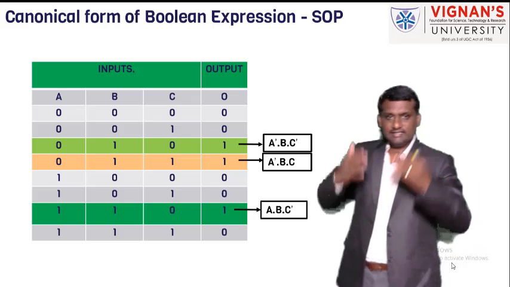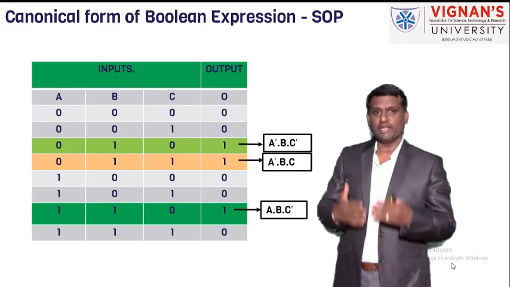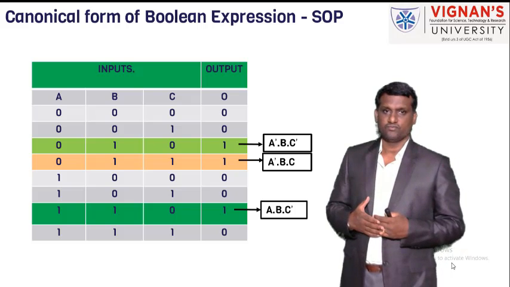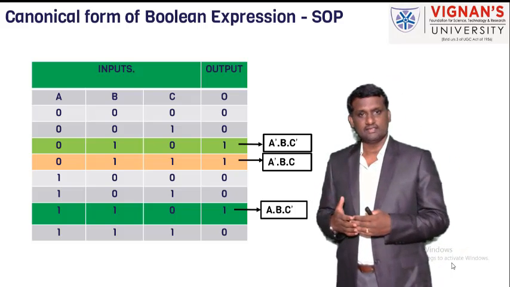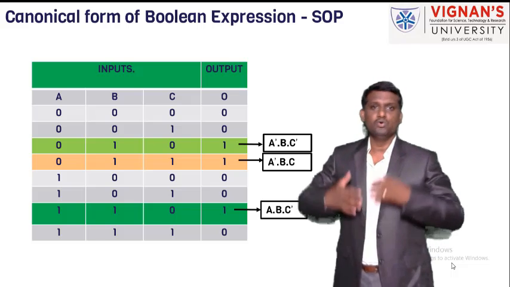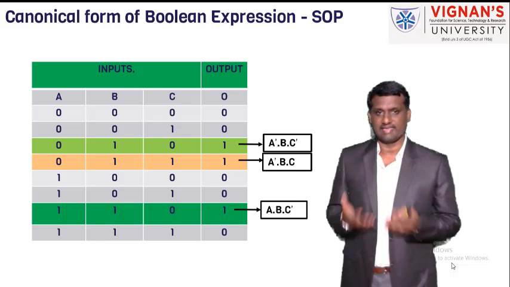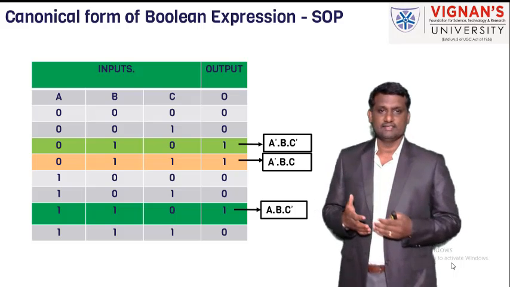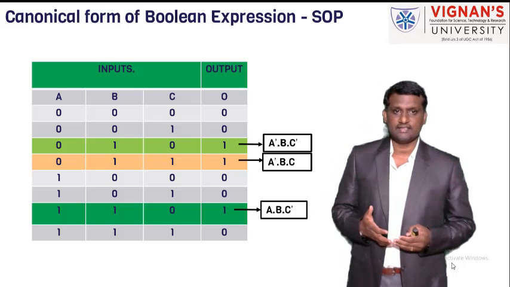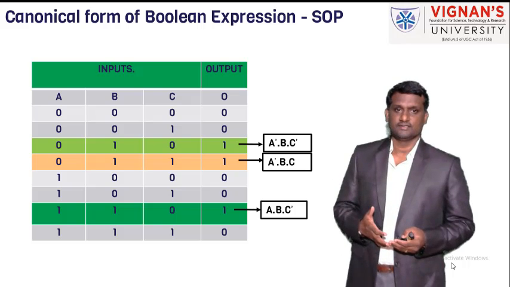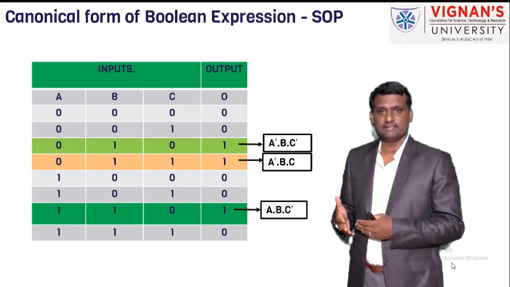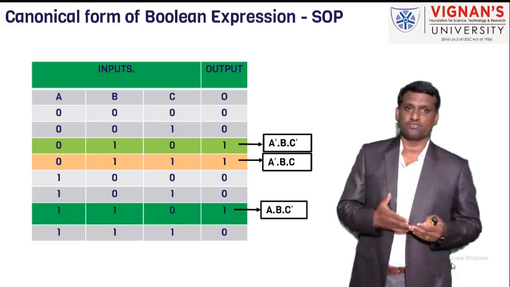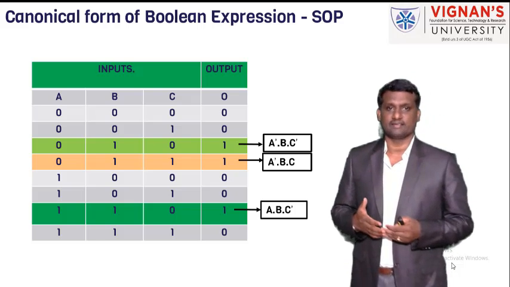So all these three terms are called product terms, which are taken from the truth table whose output is high. The equivalent binary combination representation in product form is called a product term.